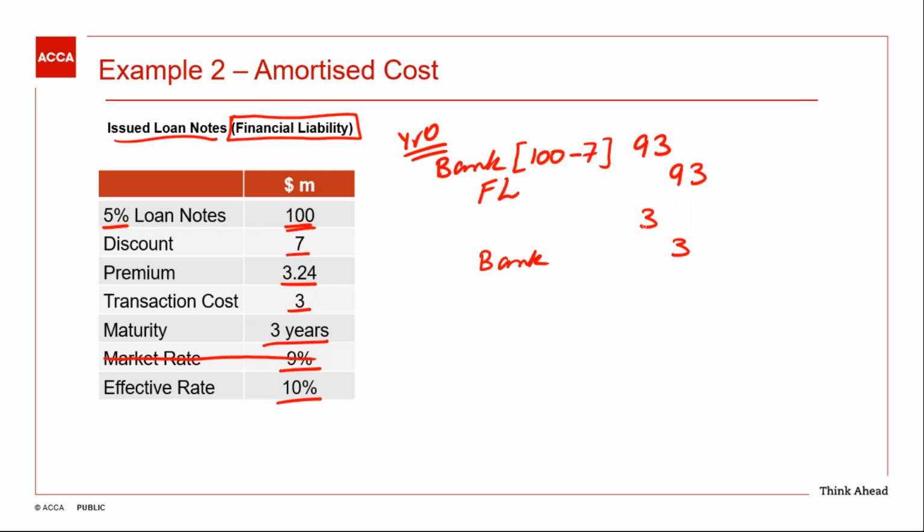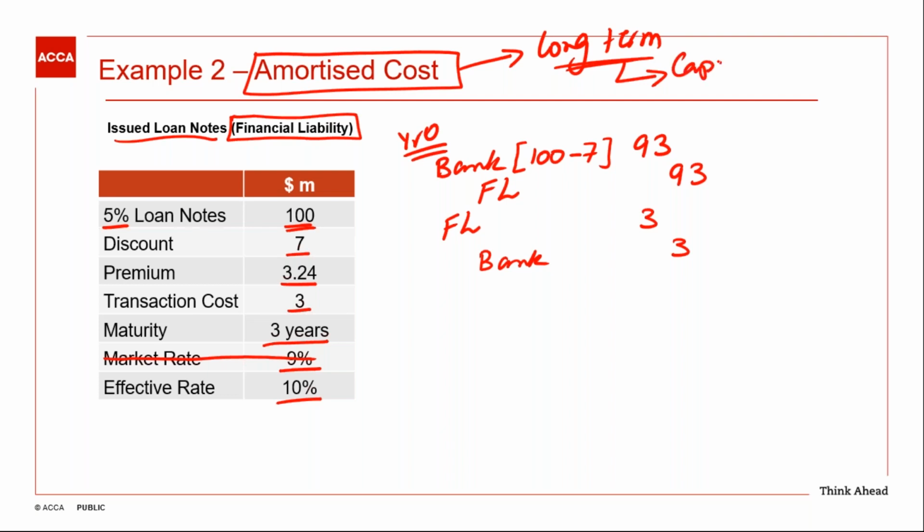Okay, so there are mixed answers. The correct answer is that we should be debiting the financial liability because amortized cost category is a long-term intention category. So we always capitalize the transaction cost, and capitalization means debiting the asset or the liability, and by debit we mean financial liability debit and the bank credit.